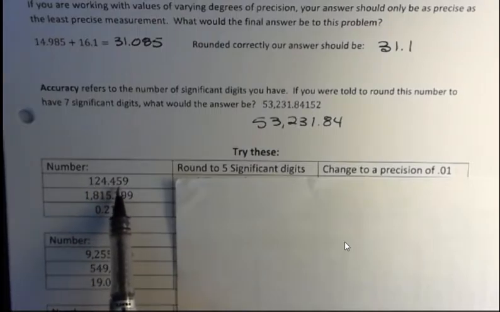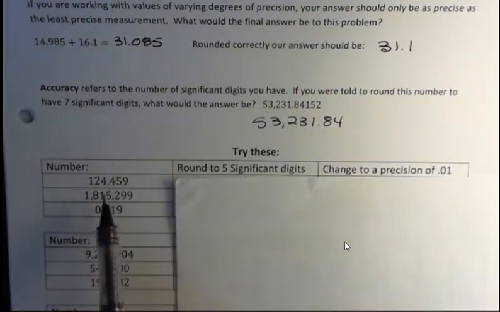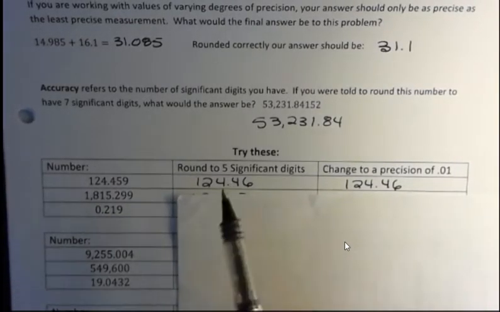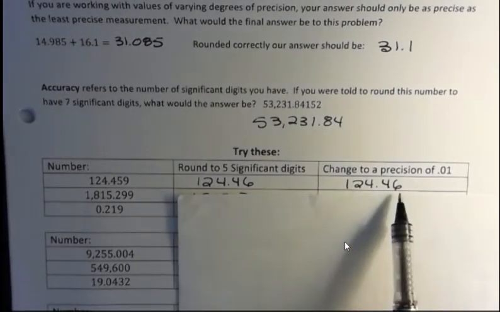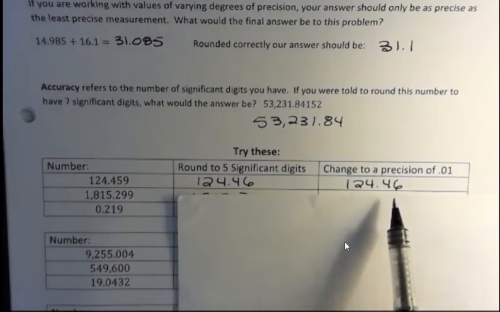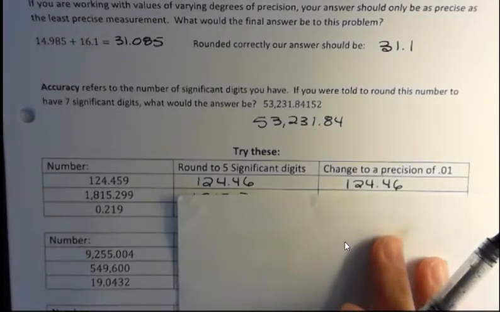That's where we're going to end at. But what happens when you have 59? It actually rounds up to 60. And so we're going to end up with 124.46. Because we want 5 significant digits, that's where we're going to stop. But that number also happens to have a precision to the hundredth, right? Because it goes exactly to 2 places out. So that's the same in that case.